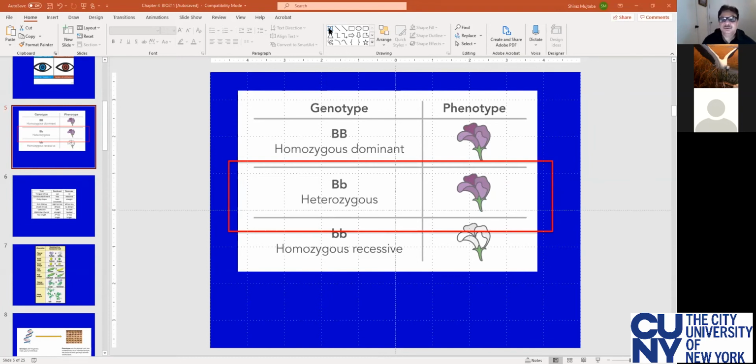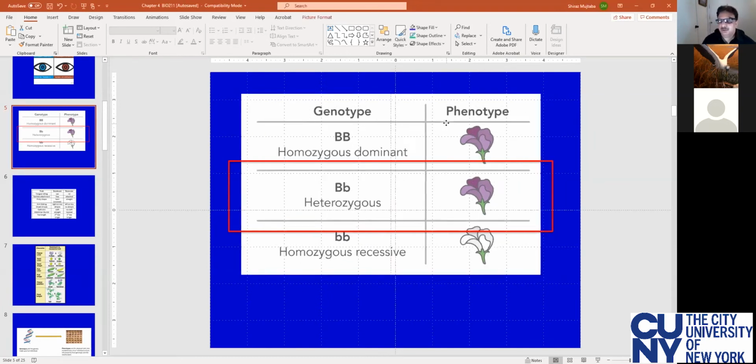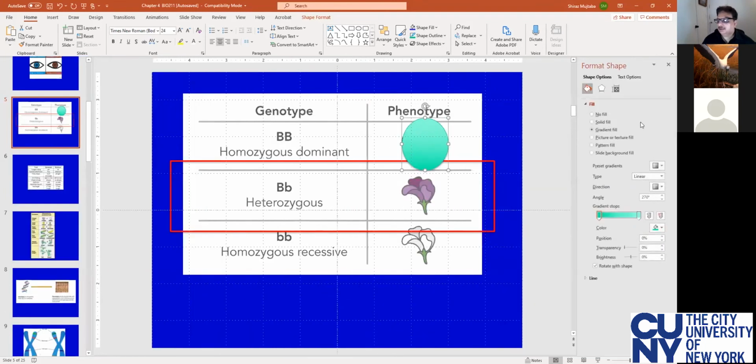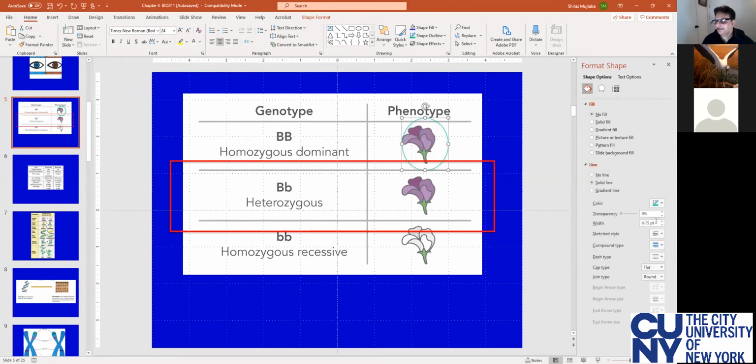Let's say this is a purple color flower. This is represented by the genotype big B and big B. Since both these chromosomes are identical, they are called homozygous.